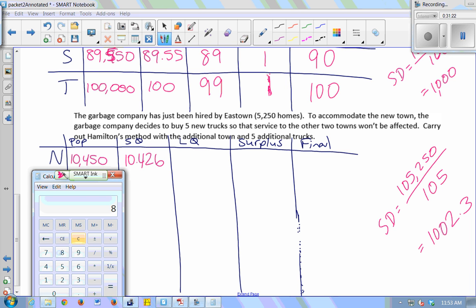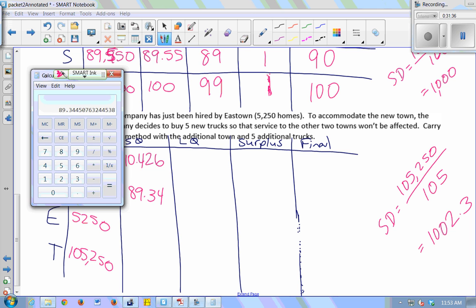And then 89,550 divided by 1,002.3 is 89.34. And 5,250 divided by 1,002.3 is 5.24.